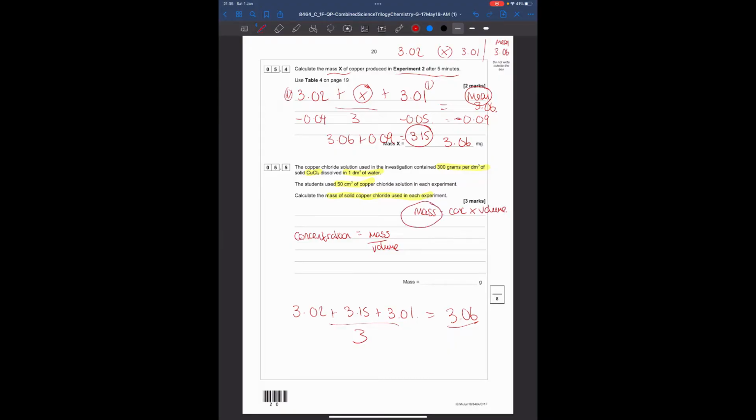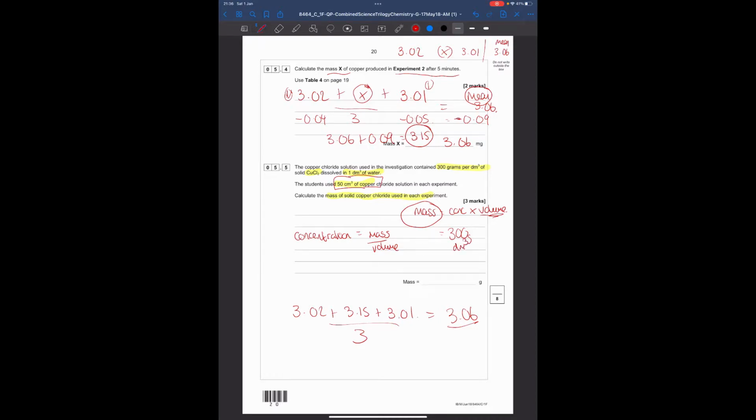So we are figuring out the mass. We have been told in the question that our concentration is 300 grams per decimetre cubed. That is a fact, that's what we've been told. And we've also been told that the volume of copper chloride solution is 50 centimetre cubed.